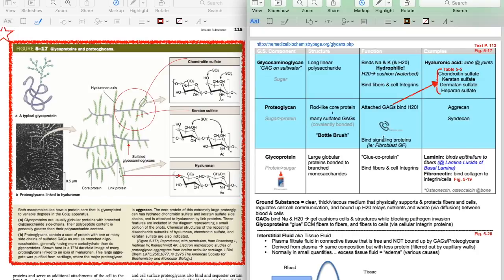Proteoglycans also bind signaling proteins, thus the little phone type of signal thing here, just giving you some type of picture. And specifically fibroblast growth factor. So connected onto these, use your imagination, somewhere you have some little protein basically attached to a proteoglycan in different parts of the body.